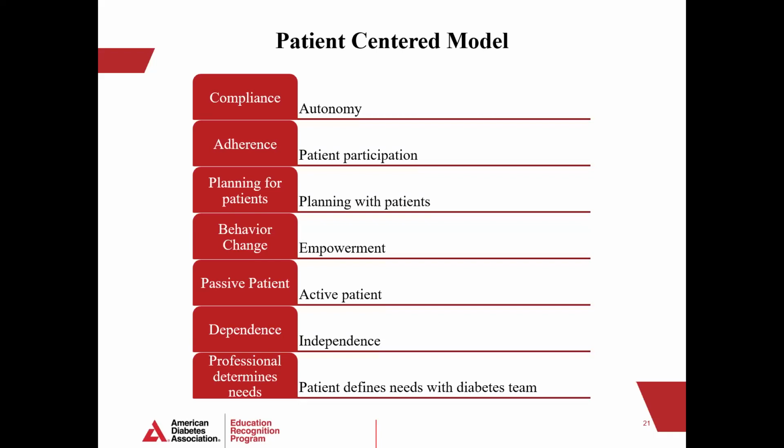So we really want to create autonomy. We want patient participation, planning with people with diabetes, empowering them, having active participation, having a person be independent in their decision making, and a person with diabetes defines the need with the diabetes team. We're not the ones defining their needs. It's a person with diabetes who is driving this whole intervention.